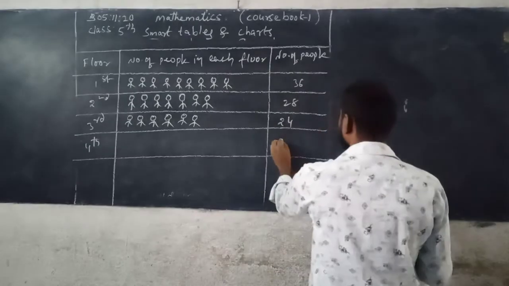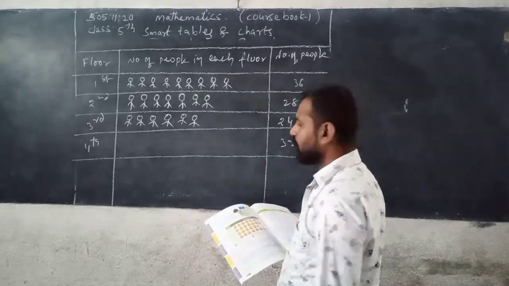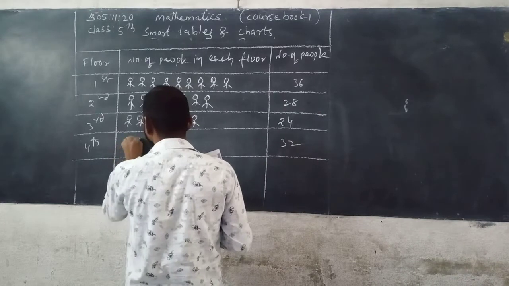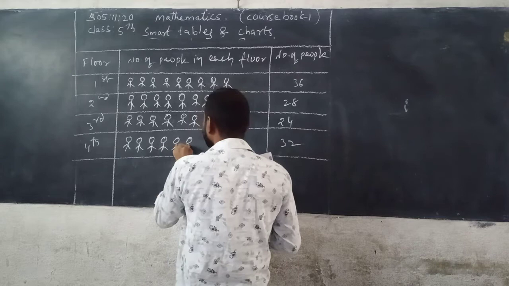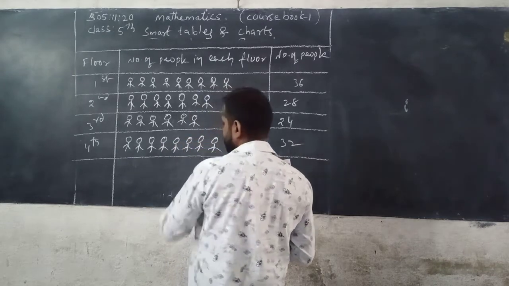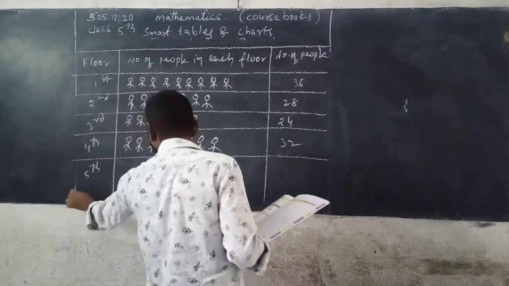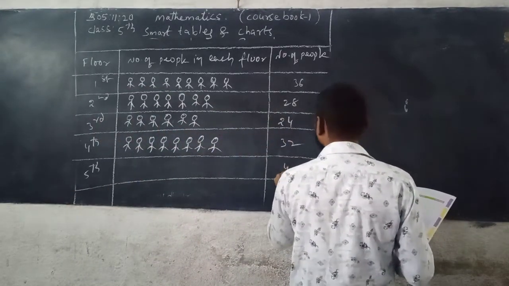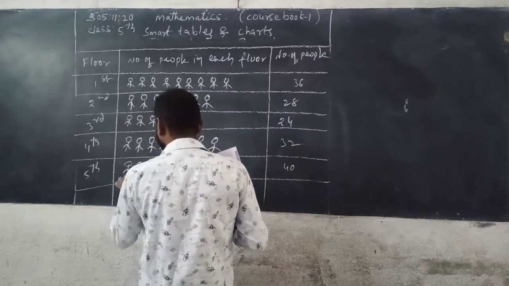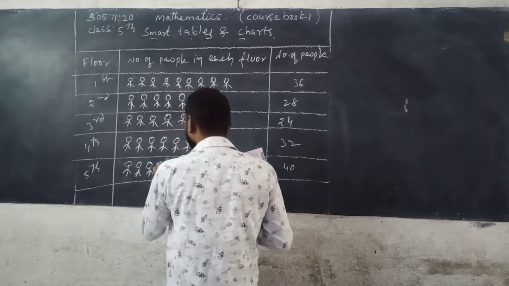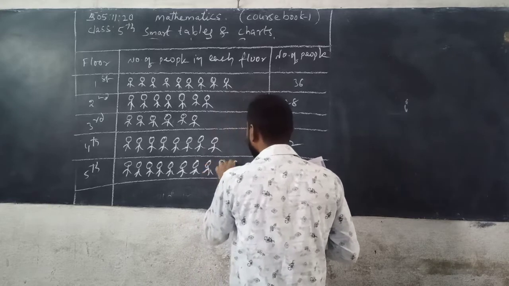How many here? 32. Then 32 divided by 4, you can get 8: 1, 2, 3, 4, 5, 6, 7, 8. Now next, fifth floor, 40. 40 divided by 4, you can get 10.